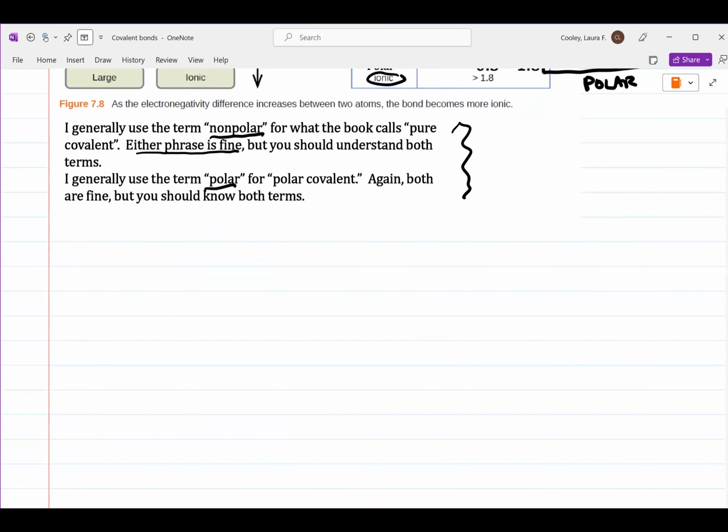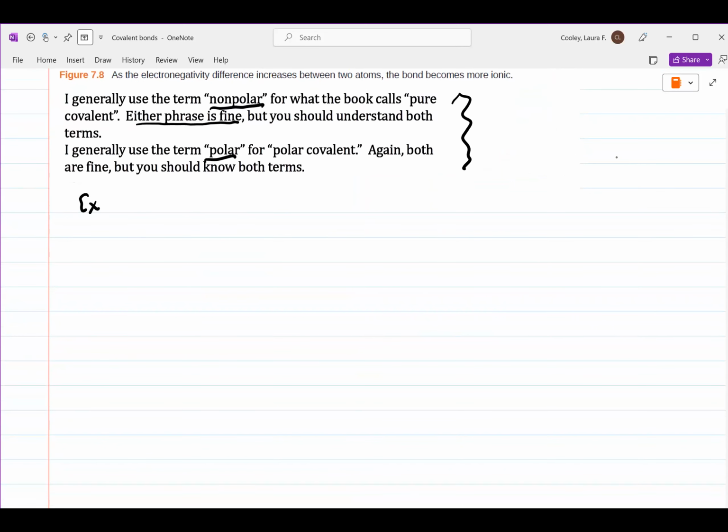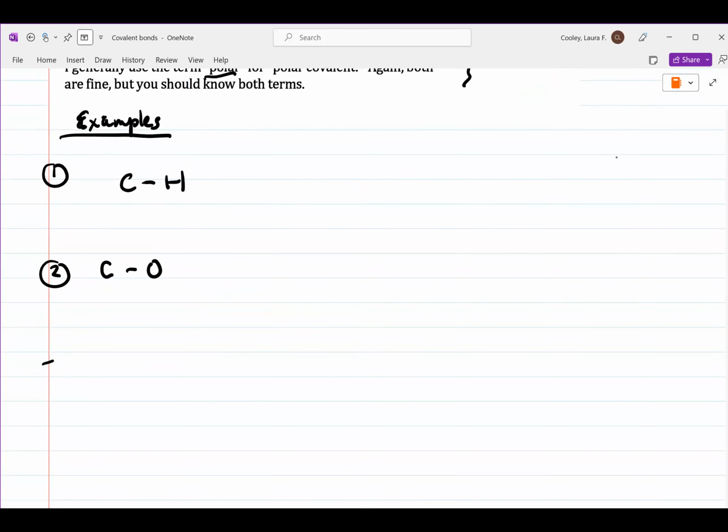So let's take a look at some examples. Let's look at a CH bond, a CO bond, an NH bond, and an OO bond.